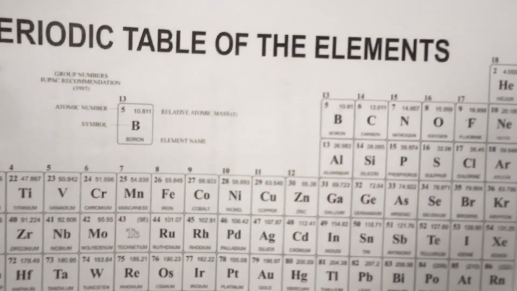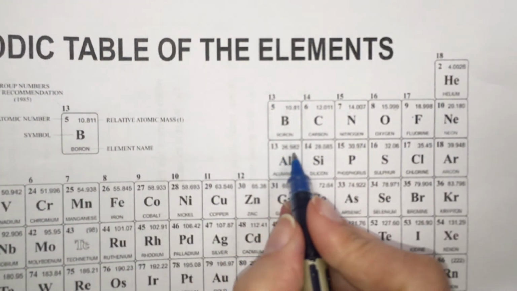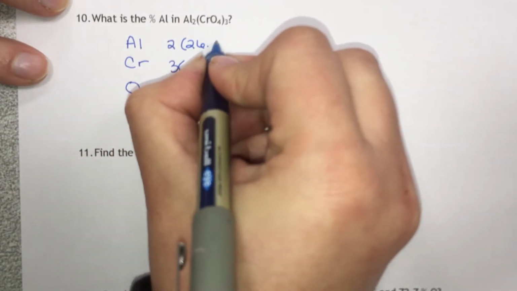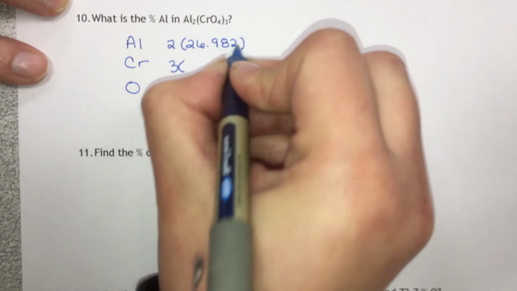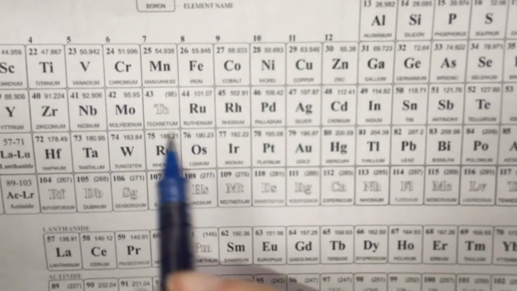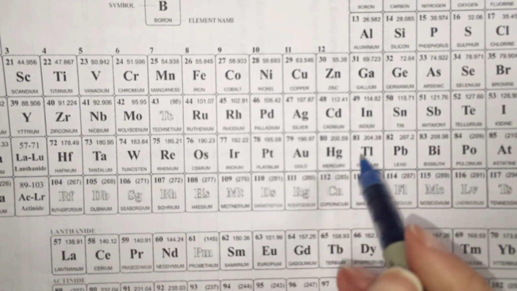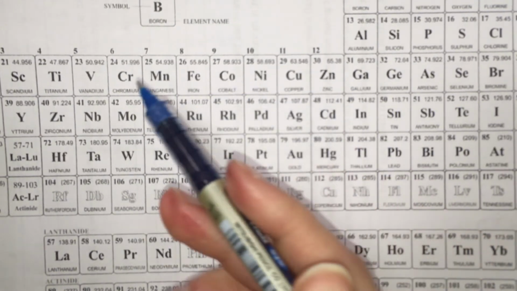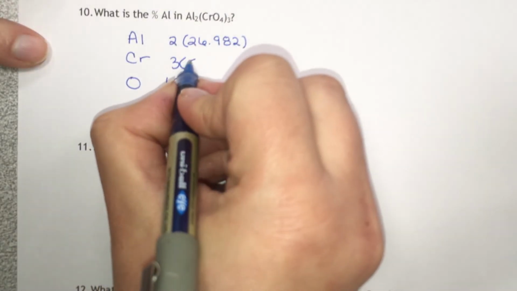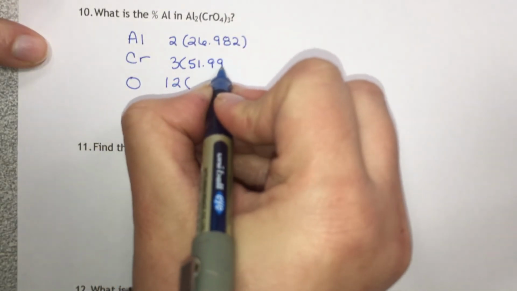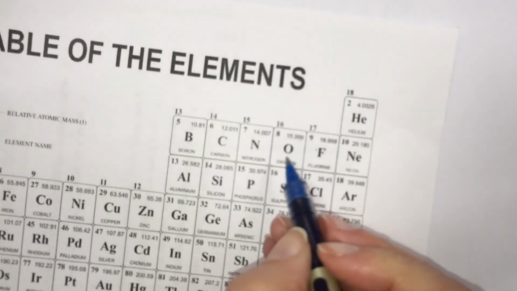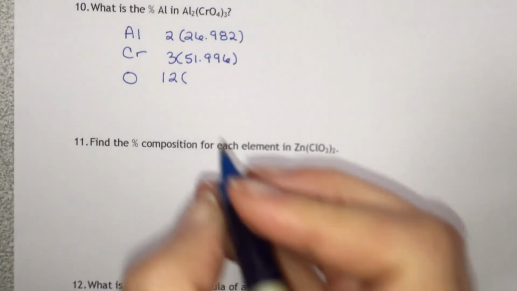So aluminum, 26.982. Chromium is transition middle. Here it is, 51.996. Oxygen, 15.999.